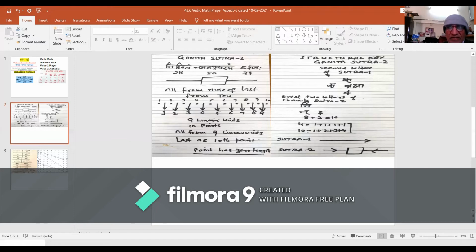One set of units, the linear units, means length is being taken as a unit. The other generic units are points. These are simply counts. So there are 10 counts for 10 points, and there are 9 units for the 9 gaps of these 10 points.